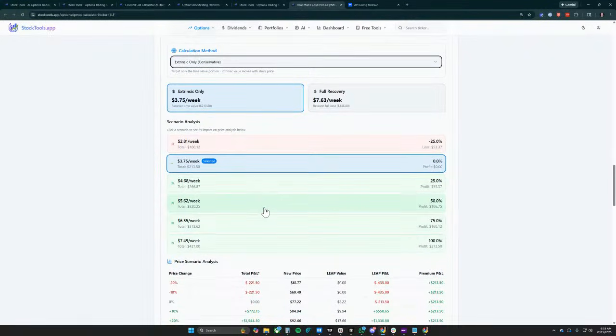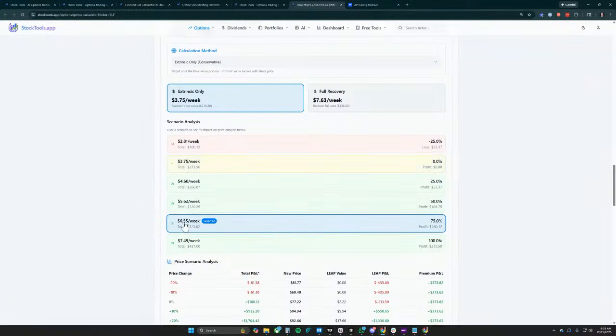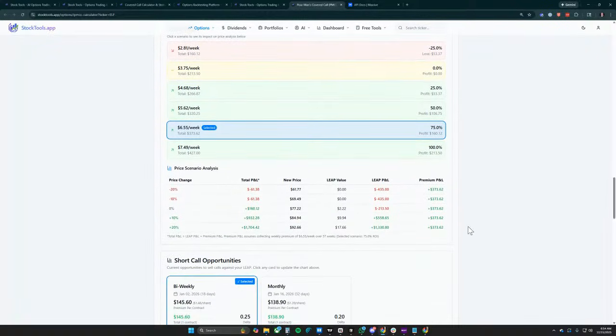So these are options for how much you need to make per week in premium to cover your theta decay on the long side of your poor man's covered call. If you were making $6 a week, you'll be fine. You're going to make 75% over the life of the option. So with a year of making $7 a week, you'll make $160, which is 75% of the overall extrinsic only, right? So it's just covering the extrinsic.